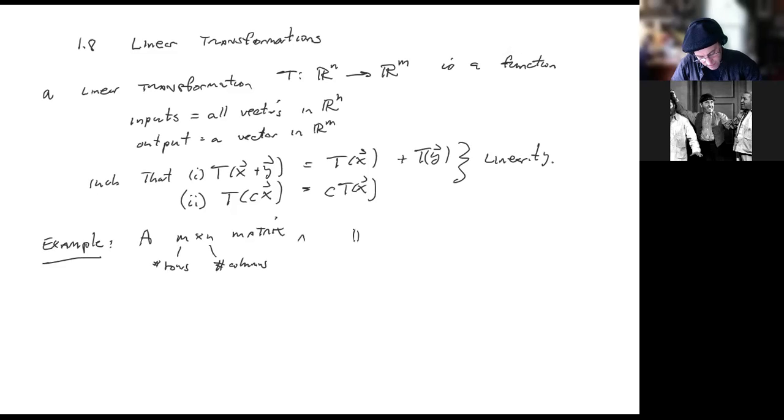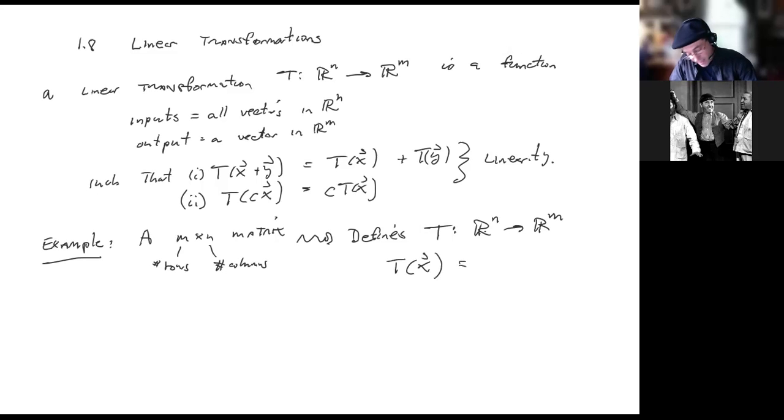This is going to give rise to a linear transformation T from Rn to Rm, where T of x, what can I do to x? X is a vector in Rn. I can form the matrix product A times x. X is a column vector here. So remember, A is M by N and X is N by 1, so A times X is going to be an M by 1 matrix, and that's therefore an element of Rm.